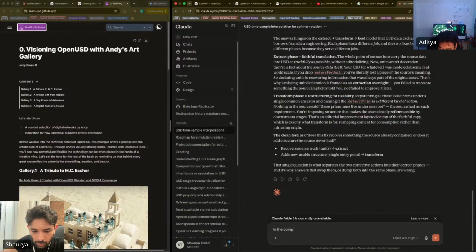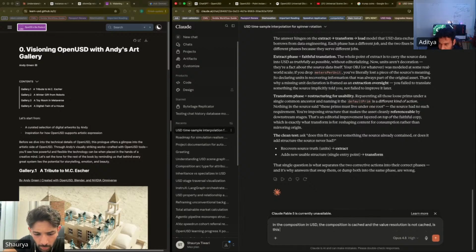In USD, the composition is cached. The value resolution is not cached. Is this statement true, false, or incomplete? Explain with reasoning.